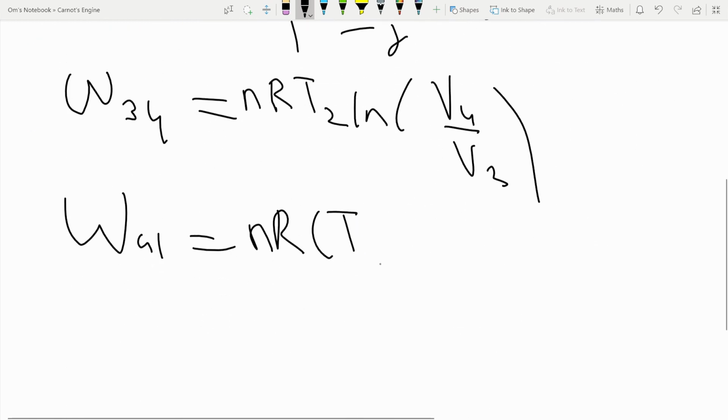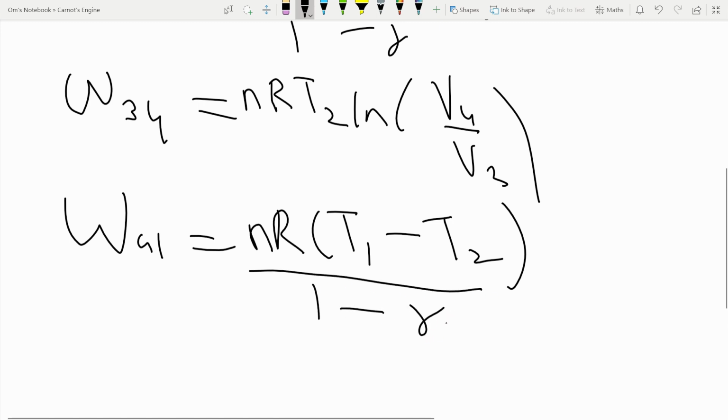Alright, so that's why I said I'm going to write this explicitly instead of just writing delta T. So T1 minus T2 by 1 minus gamma.